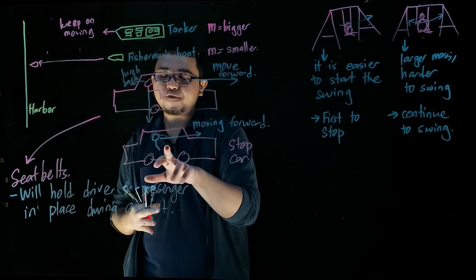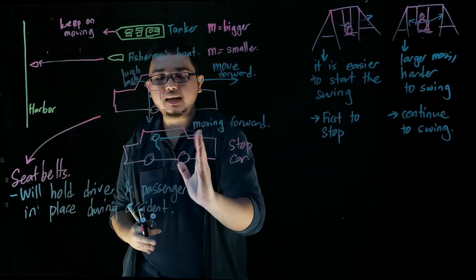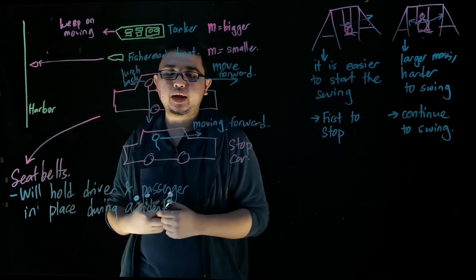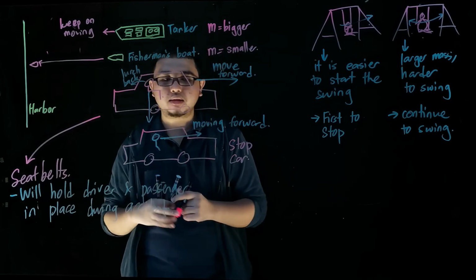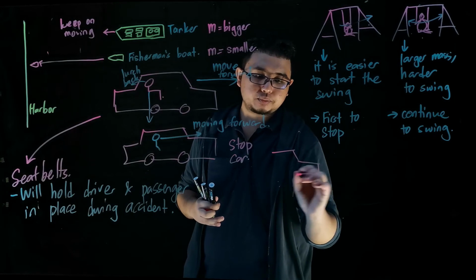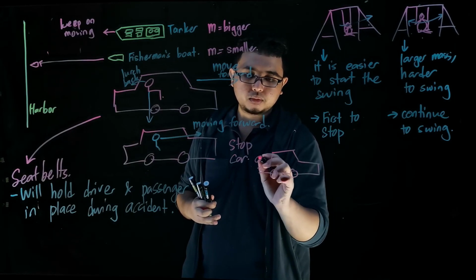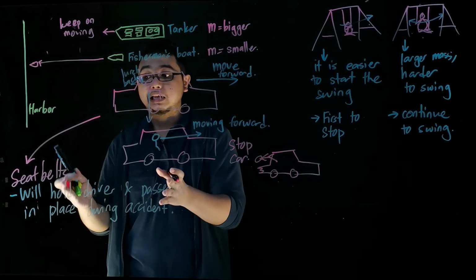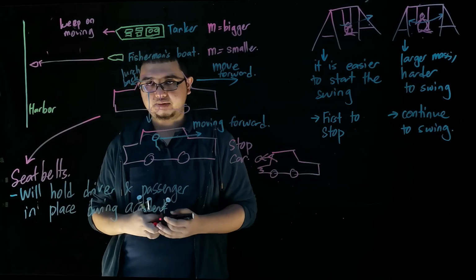So, if let's say the seatbelt is not around, when the car suddenly stops, the body will keep on moving forward, and there are cases where people who do not use the seatbelt are thrown out from their vehicles. So that's why the seatbelt uses the concept of inertia to hold you in place.